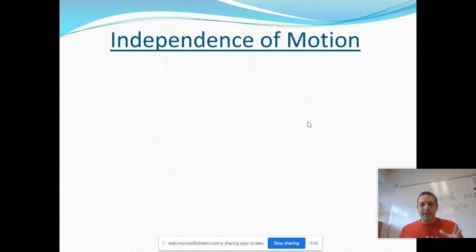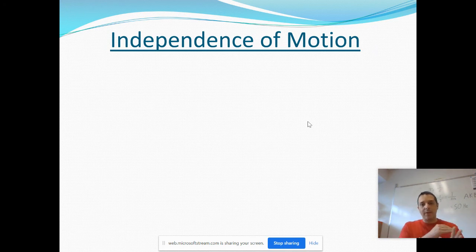When we talk about projectile motion, the whole concept behind projectile motion is understanding this independence of motion. We have objects that are moving vertically and horizontally at the same time. And if we want to be able to put together and figure out how the object's moving, we have to do analysis on each one of these motions separately. So we're going to do analysis on the vertical section, and then we're going to do the analysis on the horizontal portion of it, but the two are not going to impact each other.